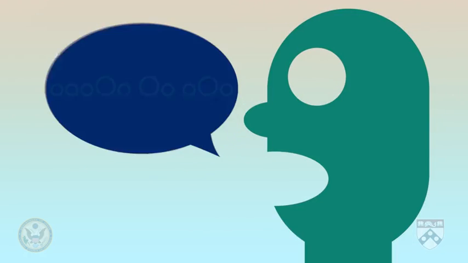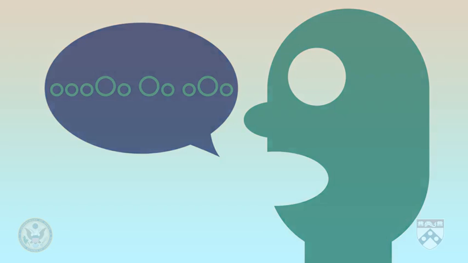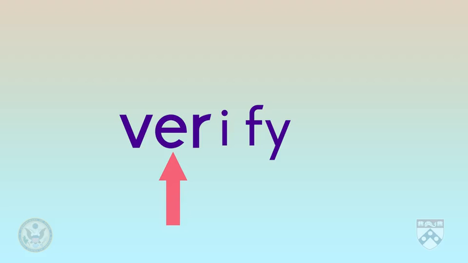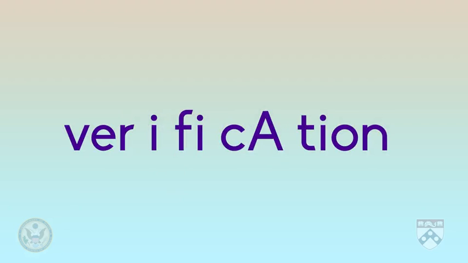One thing to consider when we change word form is that syllable stress can shift. For example, when a word ends in tion, the stress falls on the syllable before that ending. Verify has 3 syllables, verify. And the first syllable is the loudest one, verify. But when we turn it into a noun, there are now 5 syllables, verification.